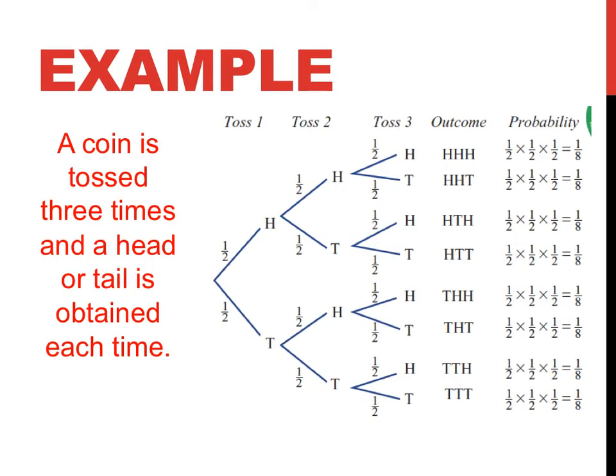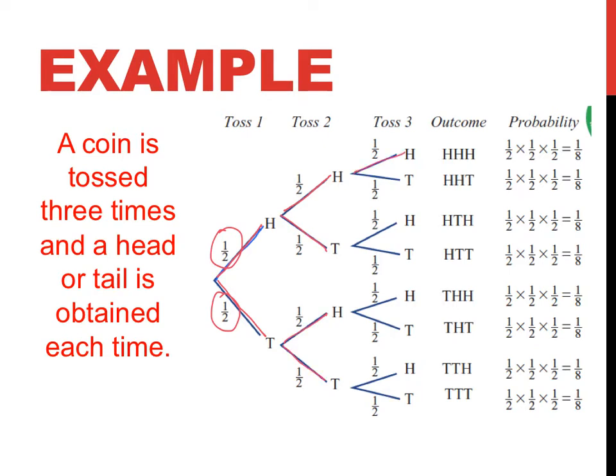This scenario is a tree diagram for a coin tossed 3 times, and a head or a tails is obtained each time. So it's for a coin being tossed the first time. Now, the very first time that coin is tossed, we go out here and here. There is a half chance that it is tails, and a half chance it is heads. On the next toss, there is again a half chance it's heads, half chance it's tails, based on each branch.